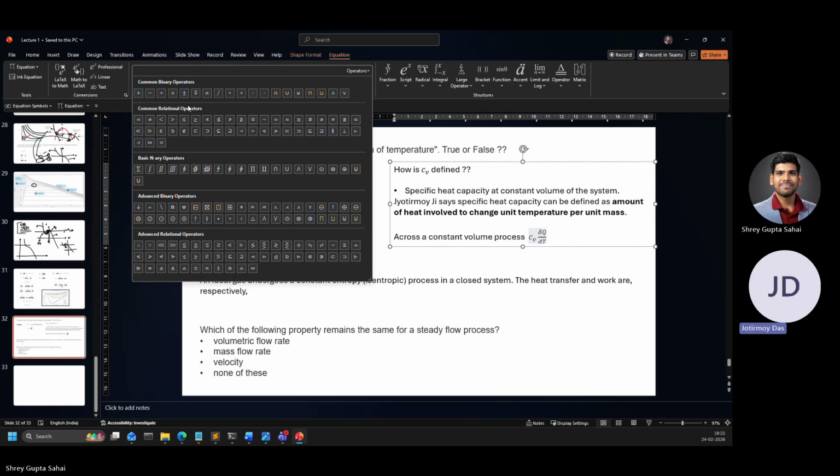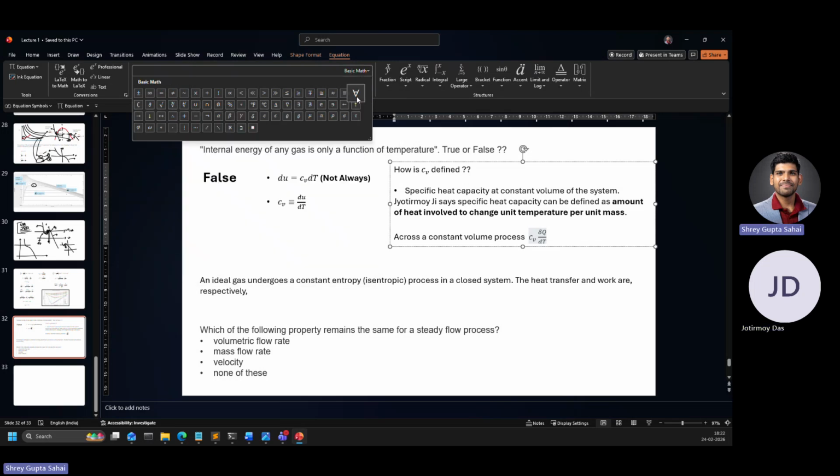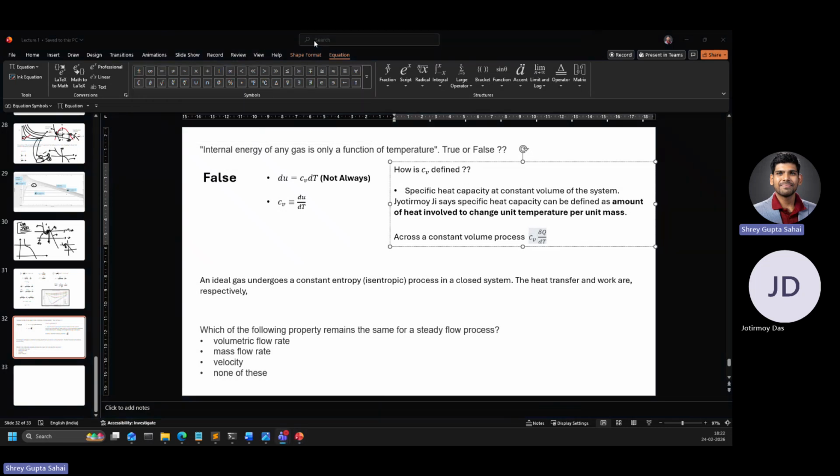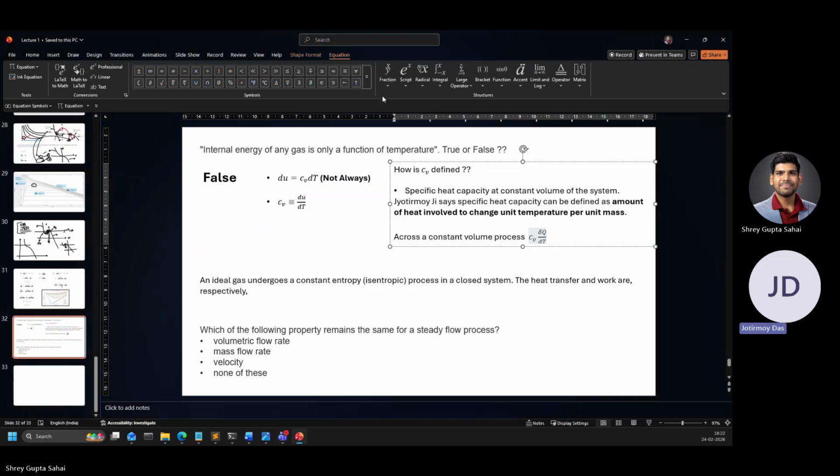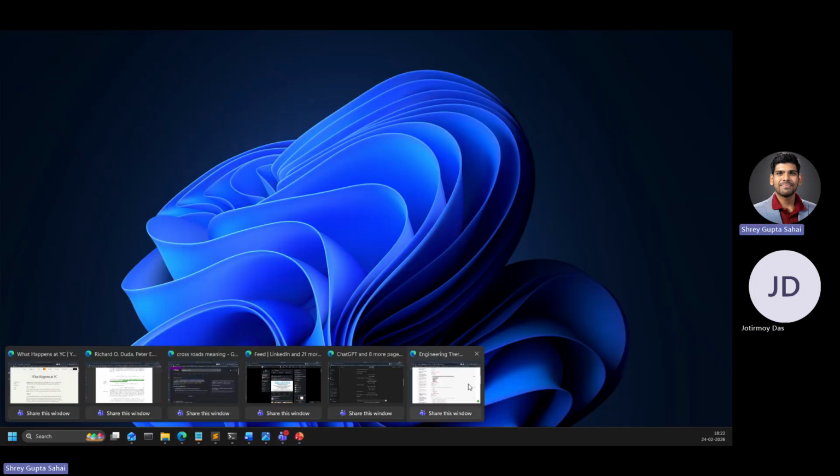The correct symbol should be somewhere here only. Let me see. This is also correct, but I want to use another one. What am I looking at?